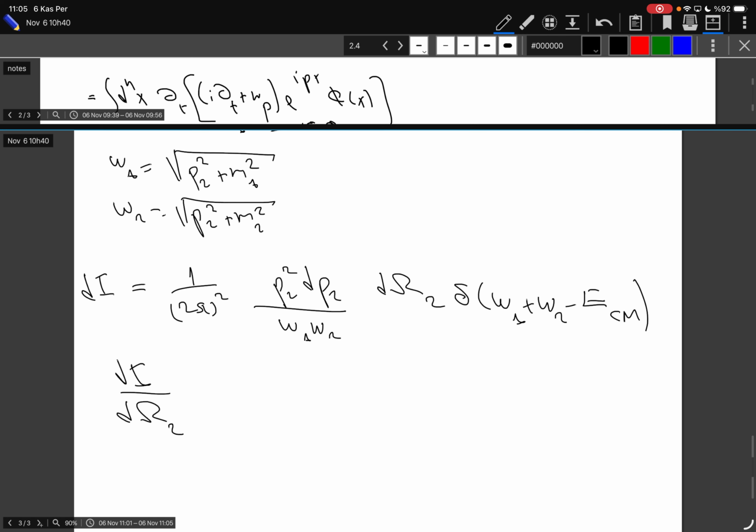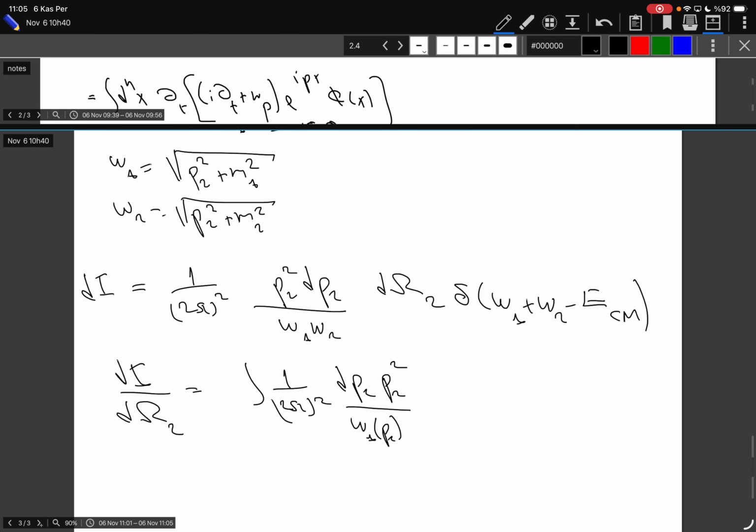This is the direction of the second particle, the scattering cross-section for the second particle to scatter in this direction, omega 2. I don't care about the energy. Let's say I'm just looking at the direction. That means I need to integrate over all momenta. So it will just give me 1 over 2 pi squared dP2 P2 squared divided by omega 1.